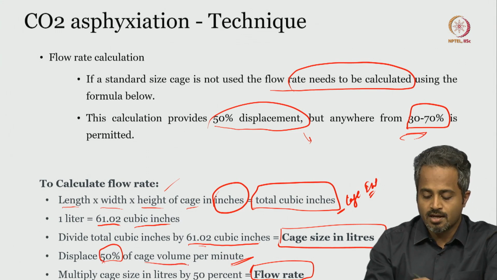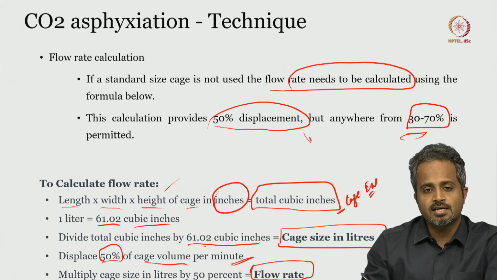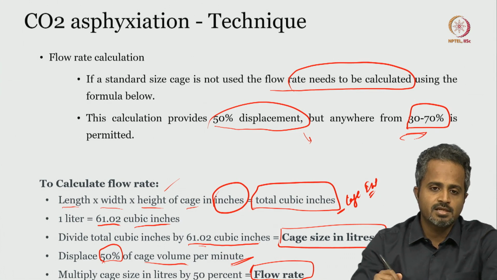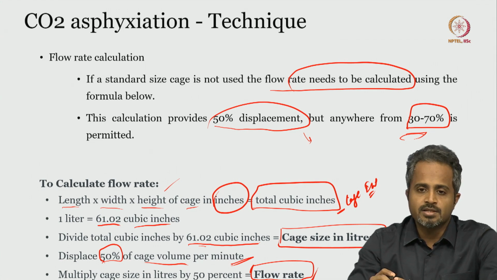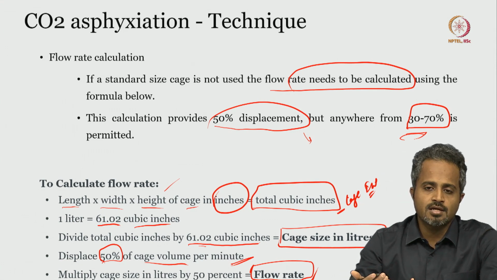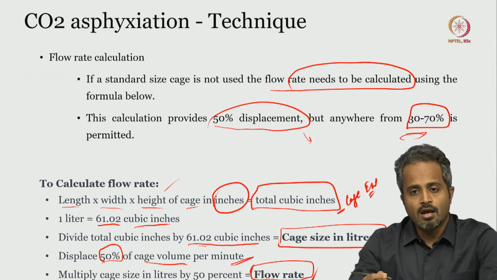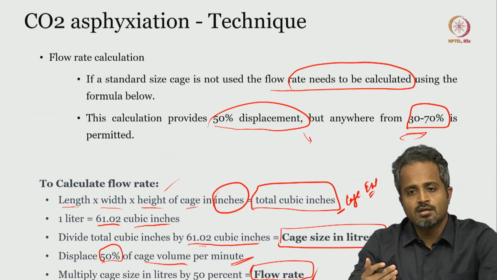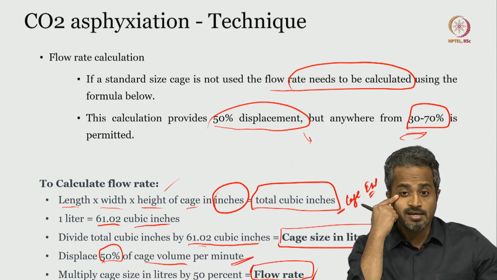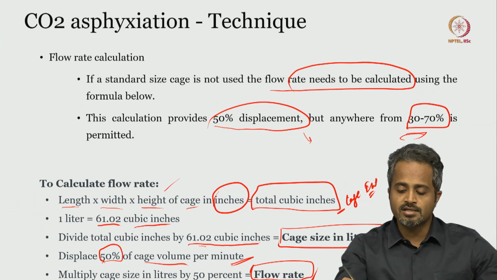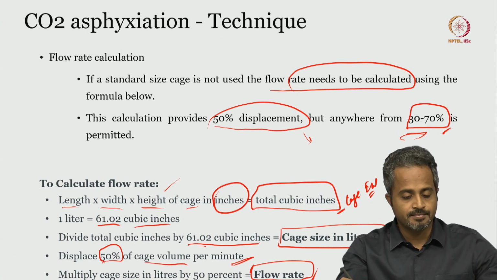So, you multiply the cage size in liters by 50%, and you will get the final flow rate. It is very important to determine this, and even if it is a prefix, it is always good to cross check and ensure that the appropriate flow rate is used to get the corresponding displacement rate, which should be within the range of 30 to 70%.